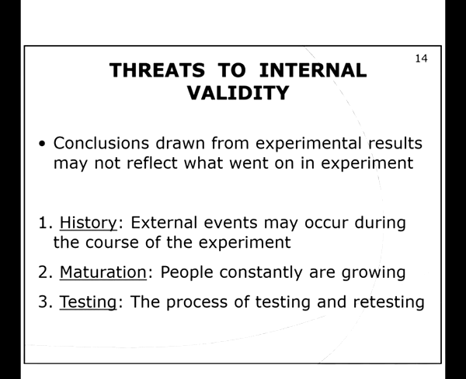So external events may occur during the course of the experiment that maybe you don't know about. Maturation: as you probably know, there's an age-crime curve. So if you did an experiment over time, people might desist from crime over time if you're trying to measure that. And so that would be just an effect that you would see.